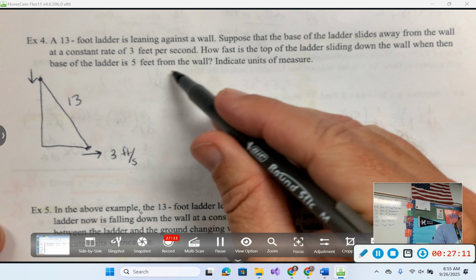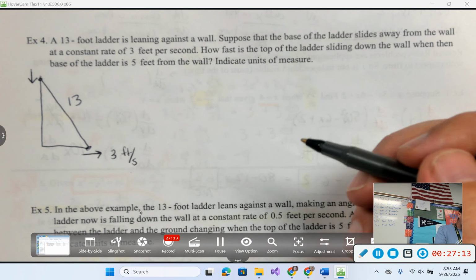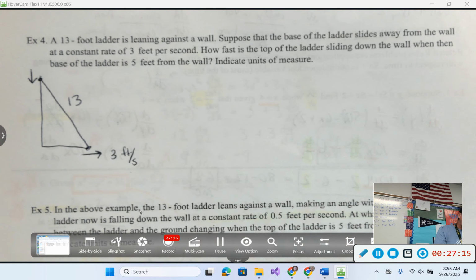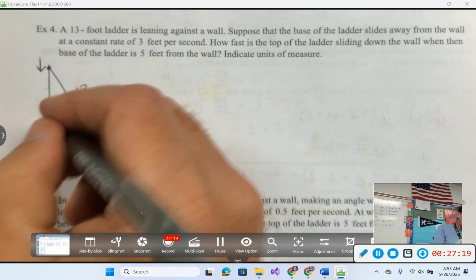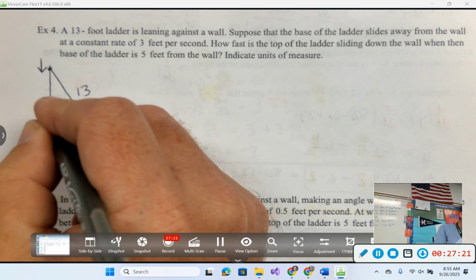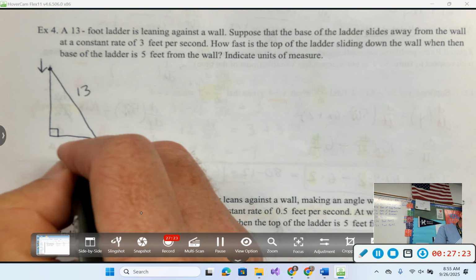When the base of the ladder is 5 feet from the wall, indicate units of measure. Okay, we need to put some variables on here. This looks like an a squared plus b squared equals c squared situation. So let's use a and b.